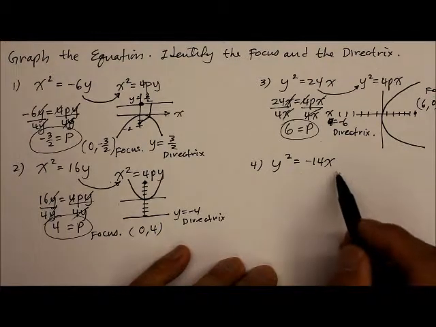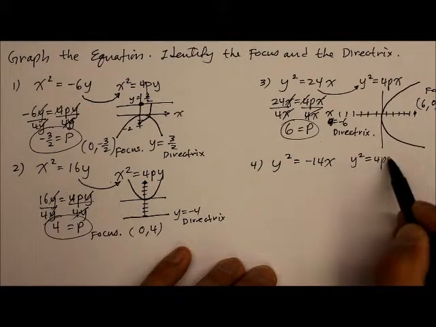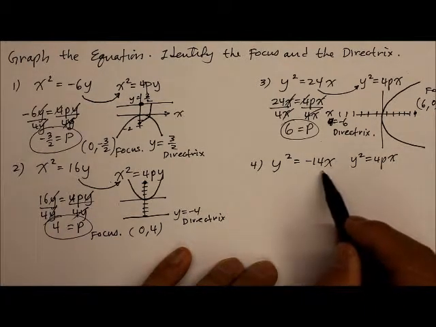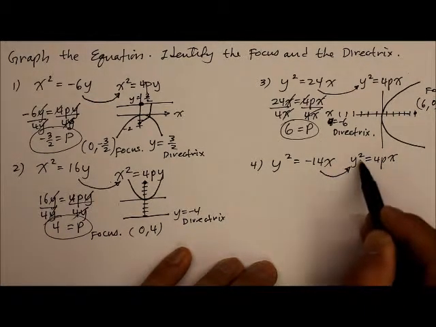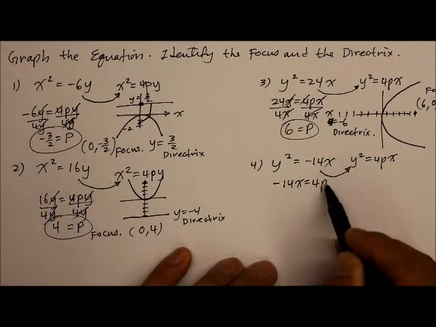Good. You see, it looks very complicated, but when you recognize the pattern, it's not too bad. The standard form to find the horizontal axis of symmetry is, of course, y squared is equal to 4px. So now you take that y squared equals negative 14x, substitute into the y squared here, you end up with negative 14x is equal to 4px.